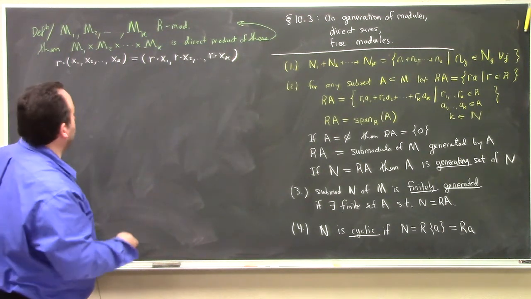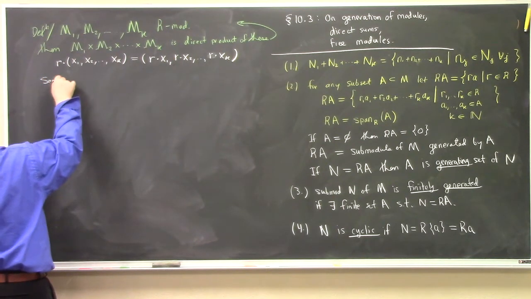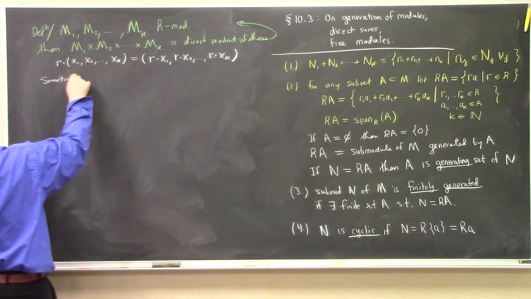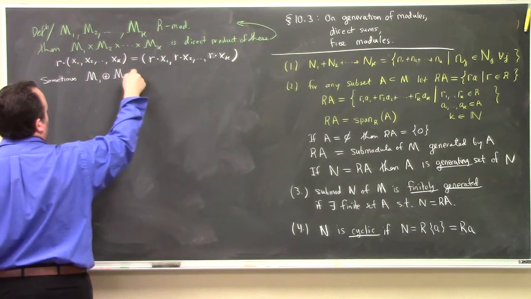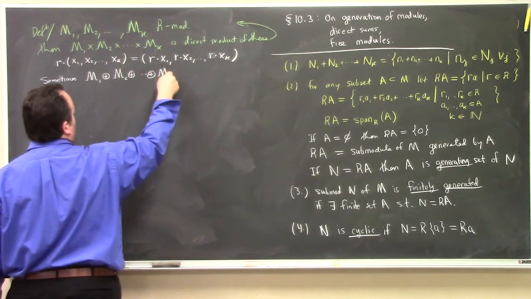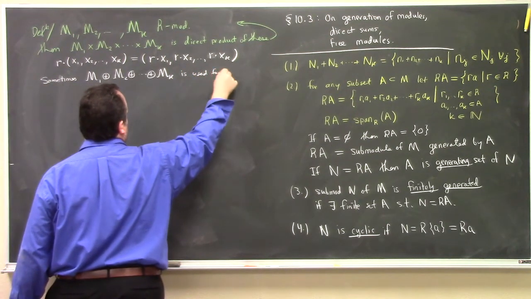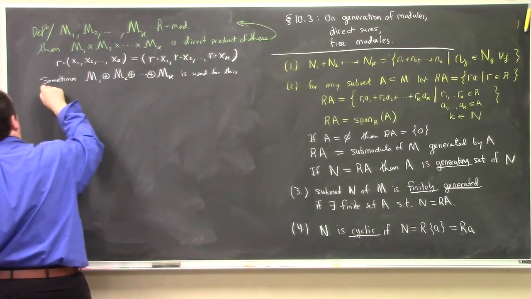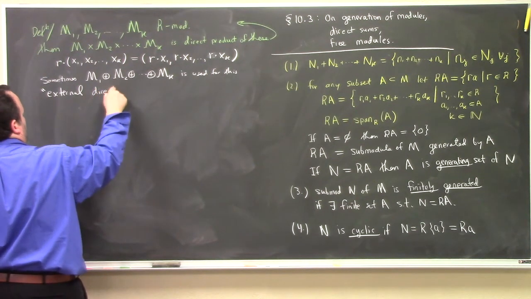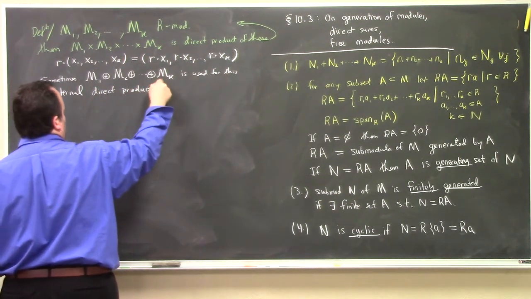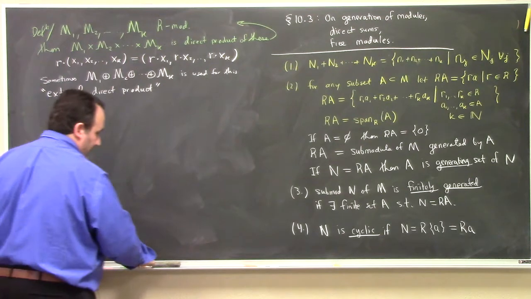And sometimes you see notation, sometimes you have M1 is used, all right? External. A direct product. But what's interesting is proposition 5, all right?